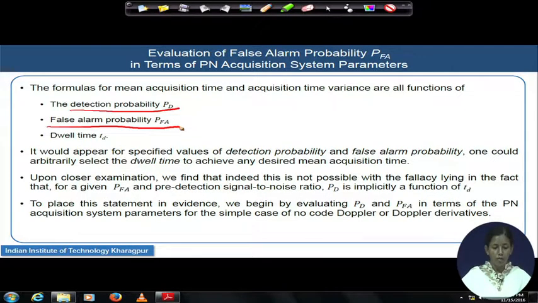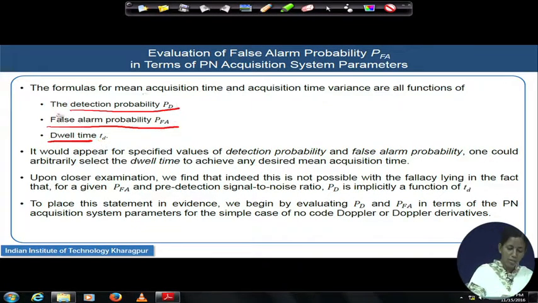Also, there are some circuit issues of the front end RF circuits. Dwell time is the time we learned in the previous module, which involves the time for your integration process inside the detection.